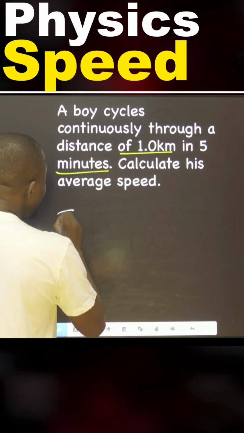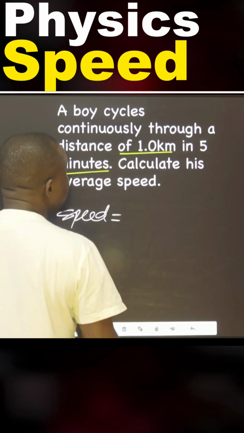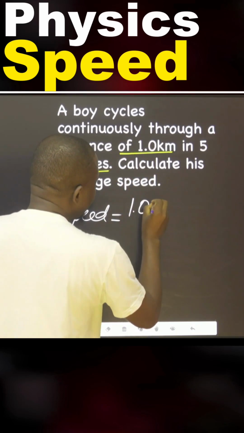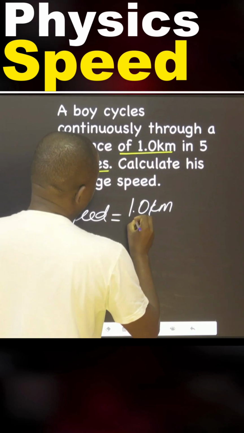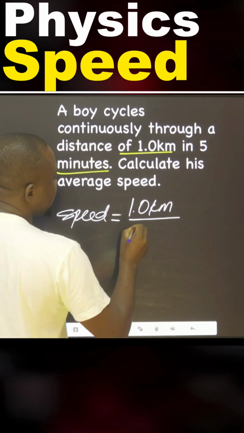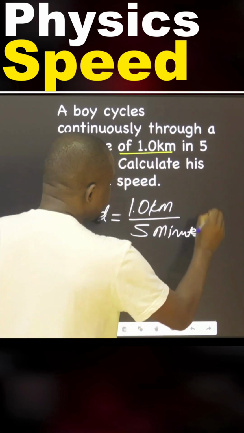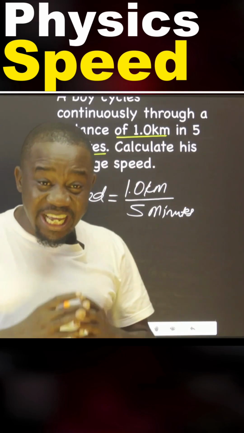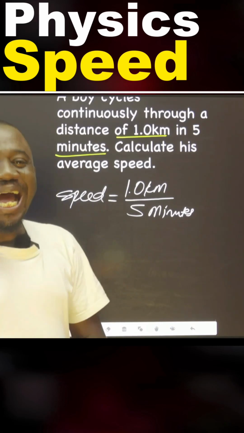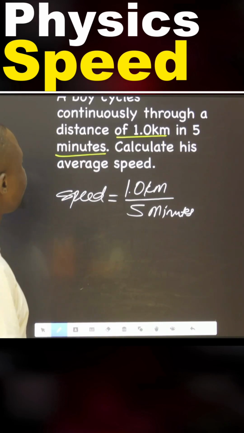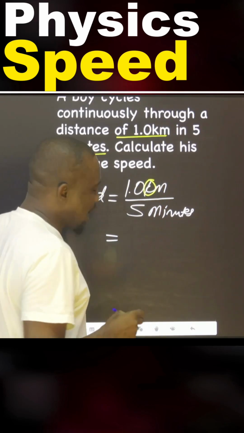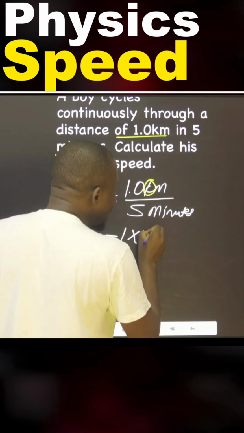So speed now is equal to 1 kilometer all over 5 minutes. As you can see, we are not told to do it in any unit. Therefore, do it in meter per second. Therefore, we need to convert it to meters, which is 1 times 1,000.